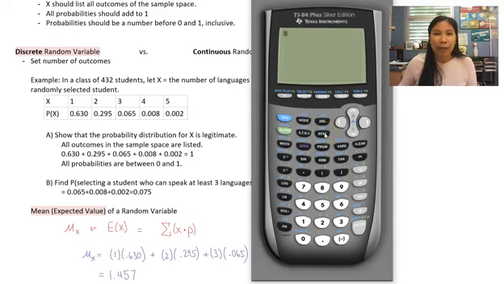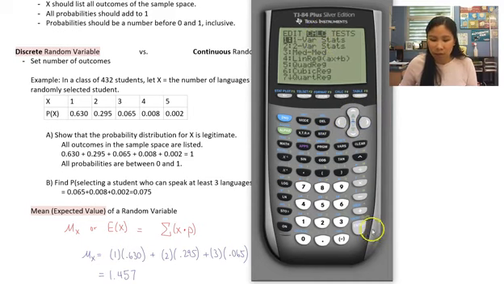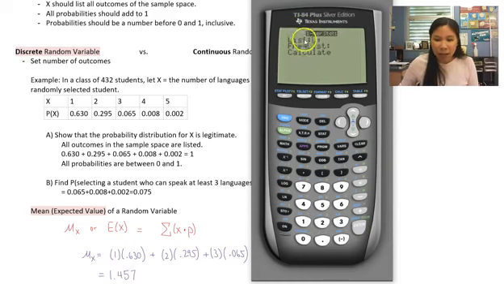If you think back to when we first started gathering data and finding the center, the mean, median, all that good stuff, we would go into stat and then go over to the right to highlight calculate 1-var stats. This is still where I'm going to go. Then for my list, all my X values were in L1, so that's still the same.